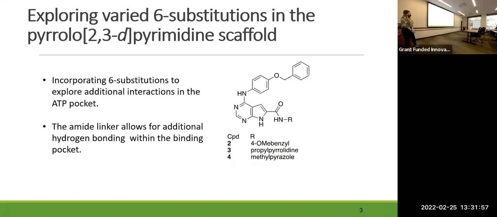The 3 compounds shown there have an amine linkage, which allows for additional hydrogen bonding within the pocket. And the 6 substitutions allow us to explore additional interactions in the ATP pocket.